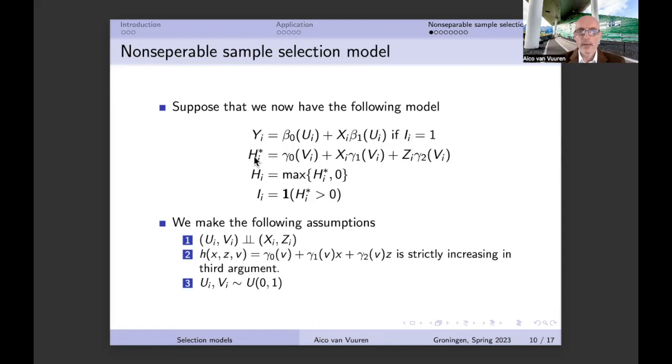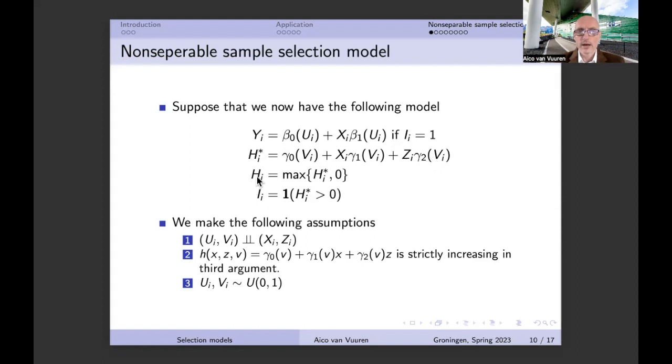Then in addition we have our second equation, which also has an unobserved hi star at the left hand side. On the right hand side we have gamma 0 vi plus xi gamma 1 vi plus zi gamma 2 vi. And then the third equation is going to be additional.